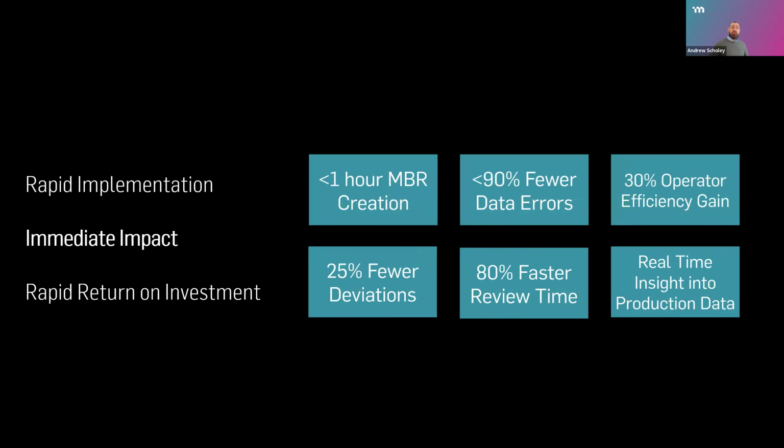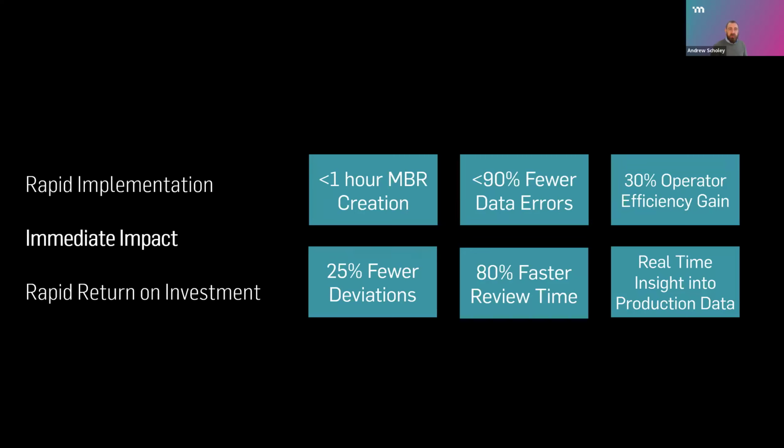And when we talk about the immediate impact that you'll start to see, these are data points that have been aggregated across our MX customer base. So that's north of 200 customers that are producing GMP products live today with MasterControl. We talked about the no-code approach.